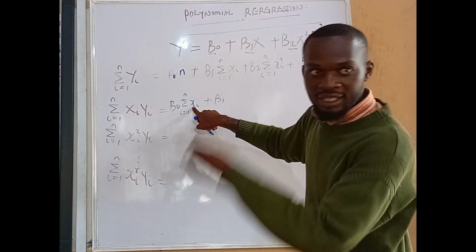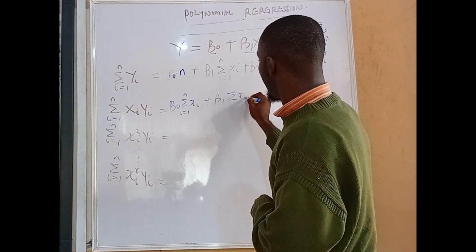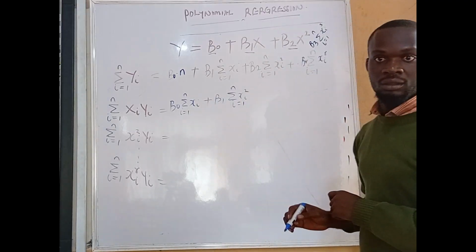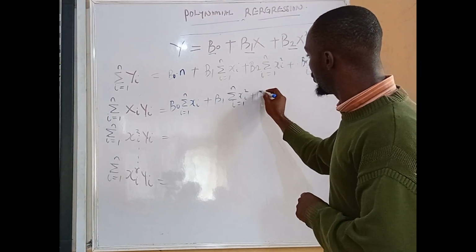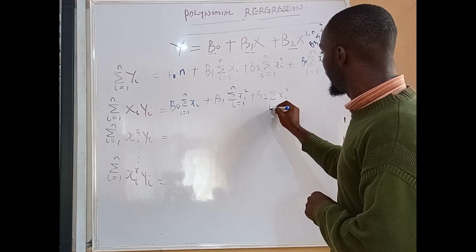This I now will increase. We now have summation of si squared plus b2 summation of si cubed.